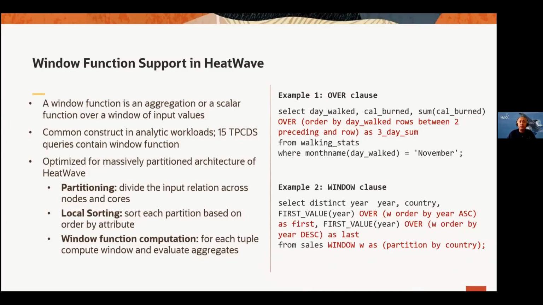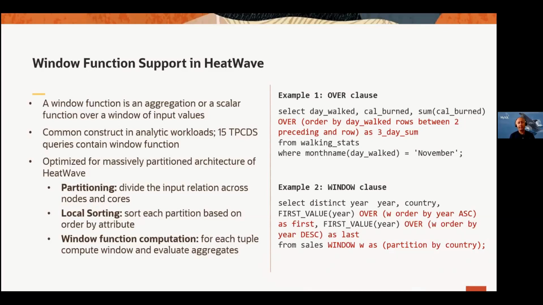Not only do we have support for window functions in HeatWave, we have a very highly optimized implementation of window functions for HeatWave. So window functions can get to be very expensive because if the amount of data is very large, many of the techniques out there, when they do window functions, they resort to global sorting, which is very expensive in terms of the computation time. What we do in HeatWave is we leverage the massively partitioned architecture of HeatWave to do processing for window functions.